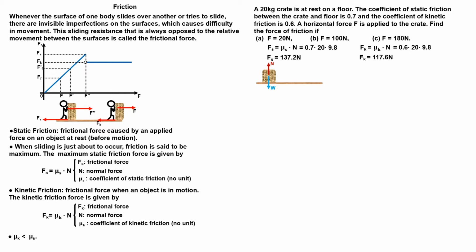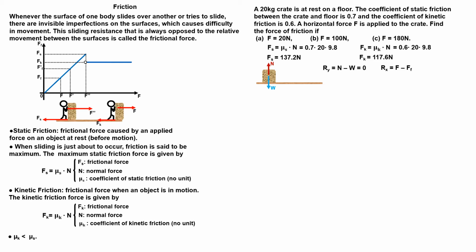We see that the motion will take place when the pulling force is just barely larger than 137.2 newtons. We apply Newton's second law in the horizontal and vertical directions, including the friction force in opposition to the direction of motion of the crate.